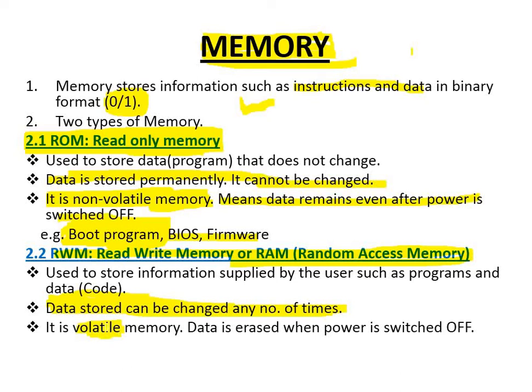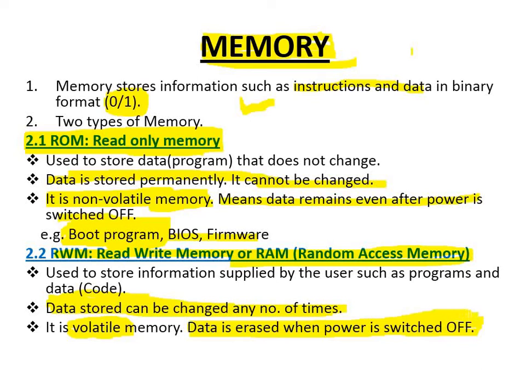Suppose your computer switches off, shuts down, or power goes off, then whatever data is written inside that RAM will be erased. In the ROM, whatever data is there remains forever, but in the RAM the data is stored only as long as the power is there. Whenever the power goes off, that data will be erased.